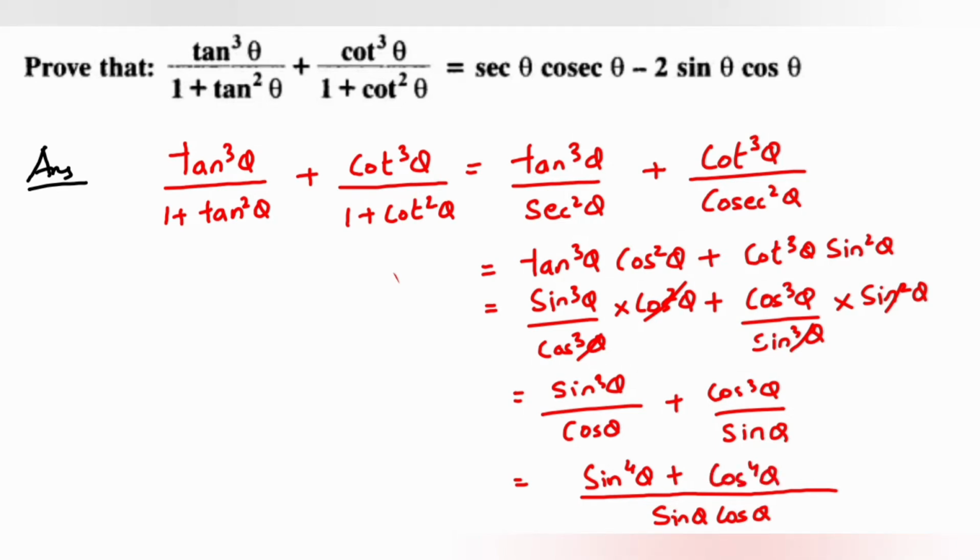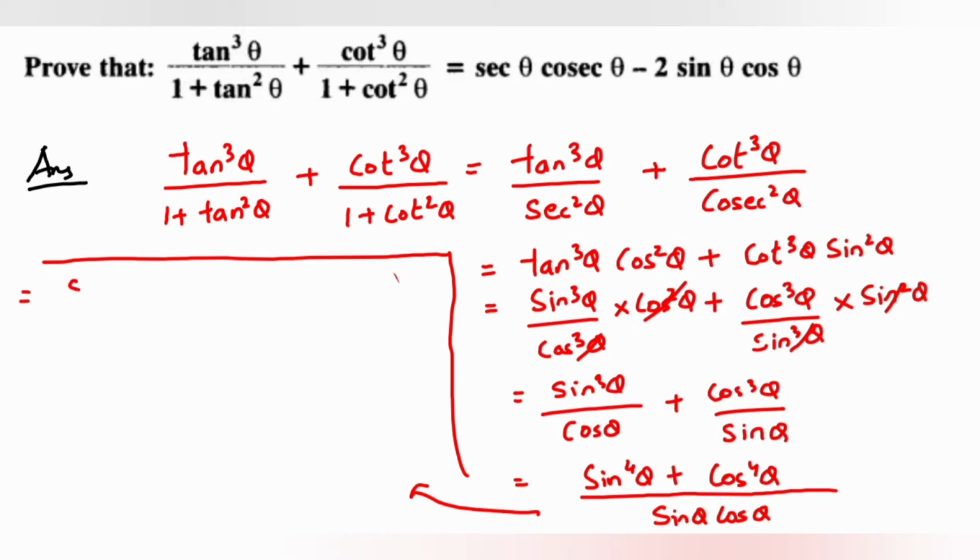Now we can rewrite this as sin square theta whole square, since the power 4 is written this way, plus cos square theta whole square, upon sin theta cos theta.